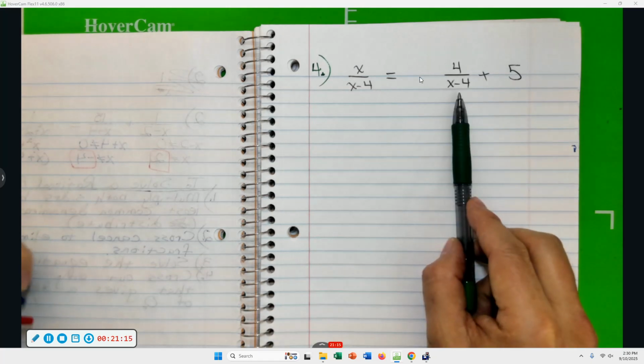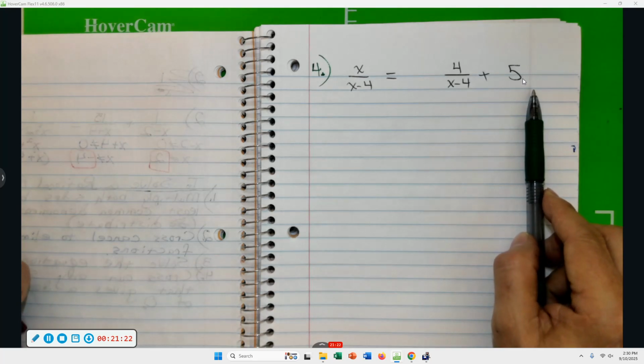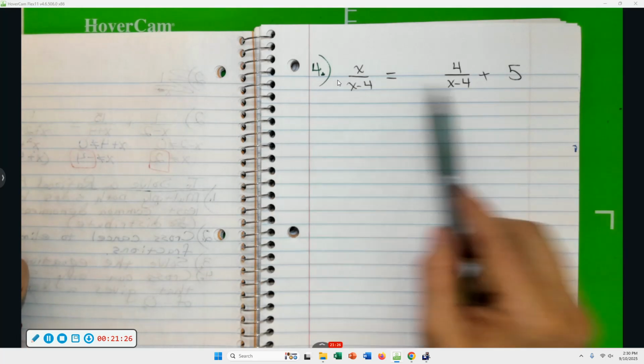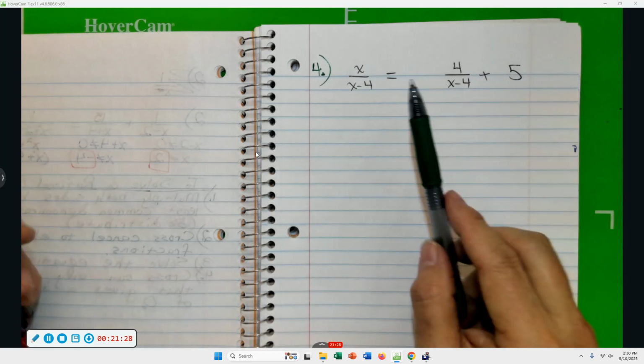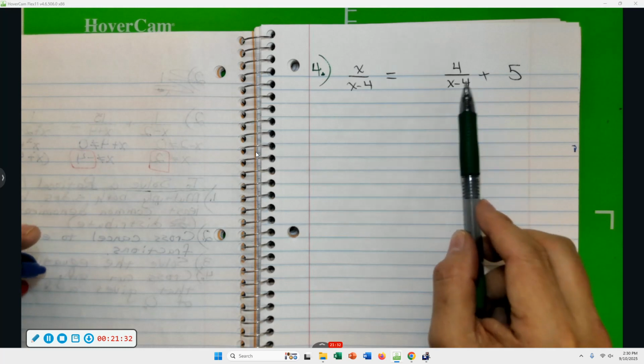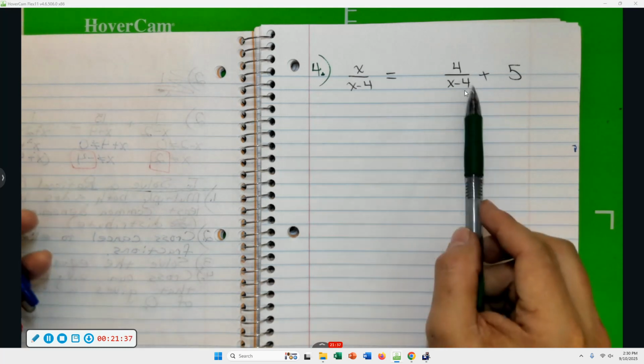What do you want to cancel out of the second fraction? x minus 4. There's nothing to cancel out in the third term, but you still have to multiply. You're going to distribute that denominator across both sides.